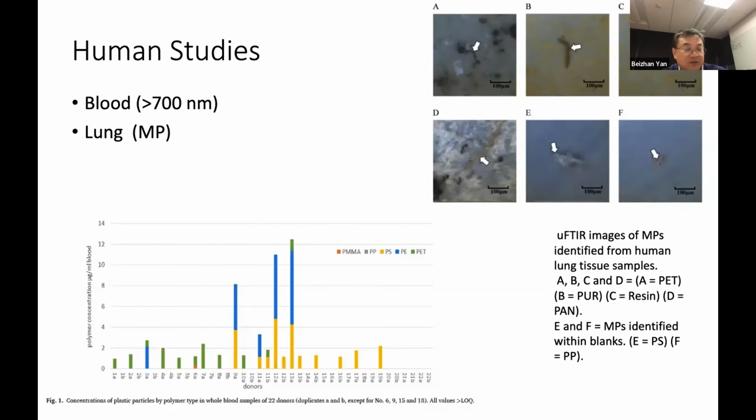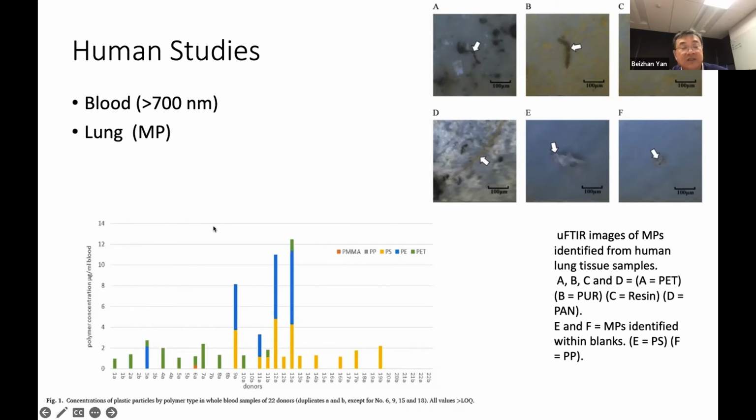So that's why we really want to see what is actually there. In other research, as Laura mentioned, in the blood they can see very high concentrations of plastics from different types, including polyethylene, PET, polypropylene, and PMMA. They used GC-MS, a new technology, to find this in the blood.